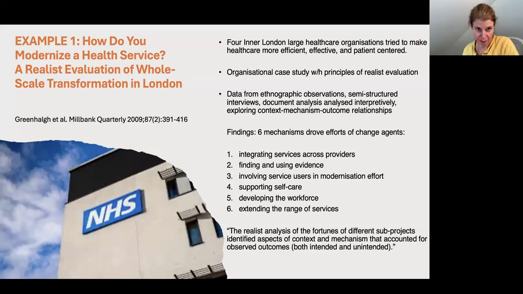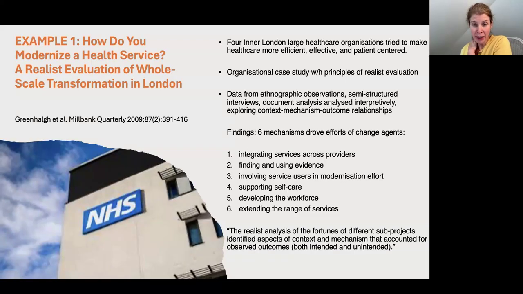Just two examples. The first is a realist evaluation of a modernization effort that took place across 4 inner London healthcare providers who were trying to make healthcare more efficient, more effective, and more patient-centered.